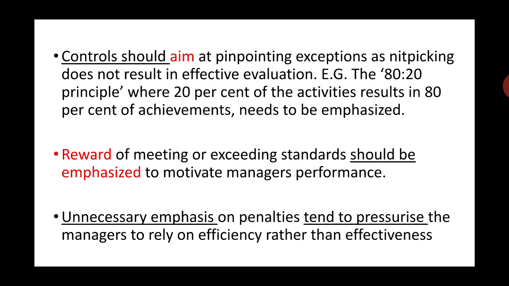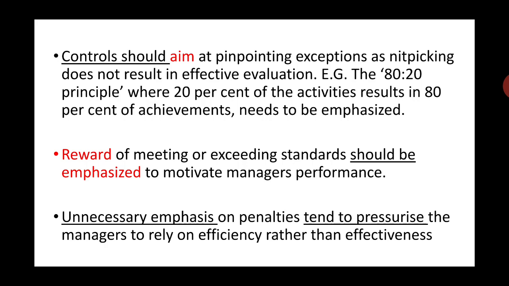5, 6, and 7. Okay. 5 means controlling should aim to indicate or locate the exceptions rather than catching mistakes, because this will not result in effective evaluation. And they give you an example, 80% and 70%.